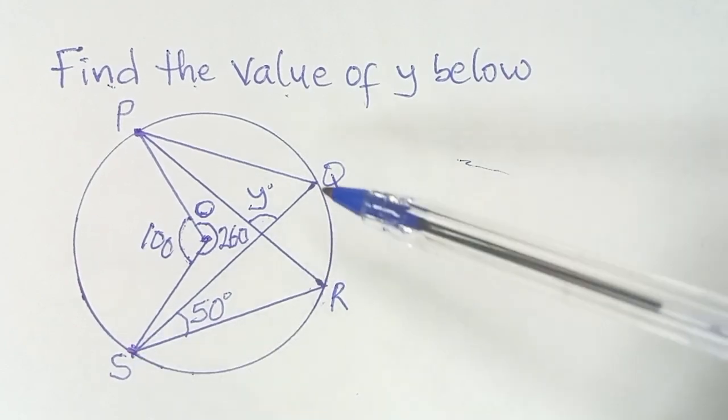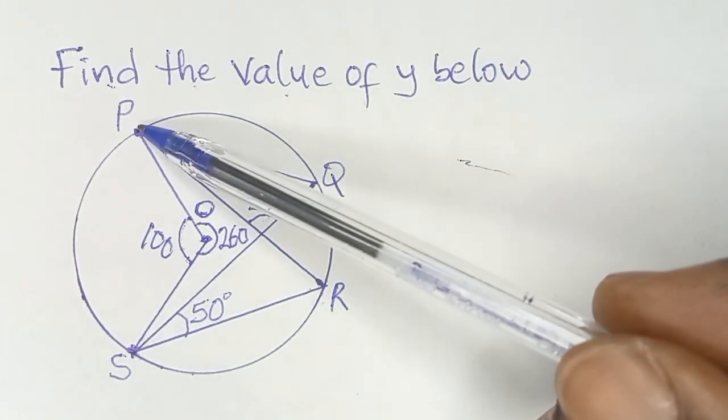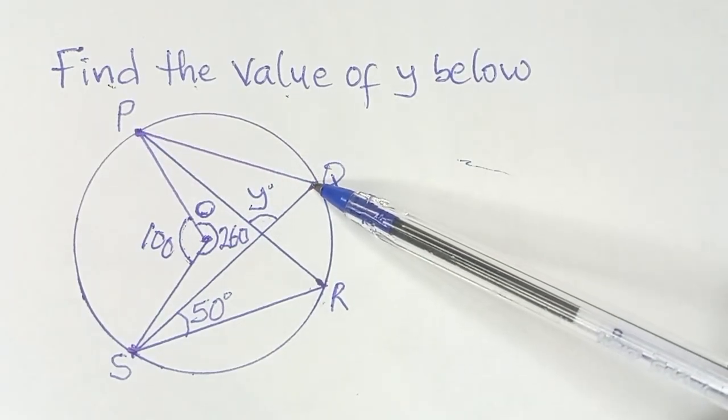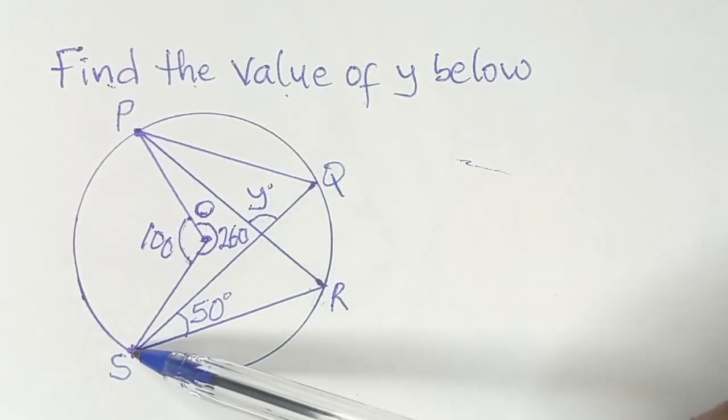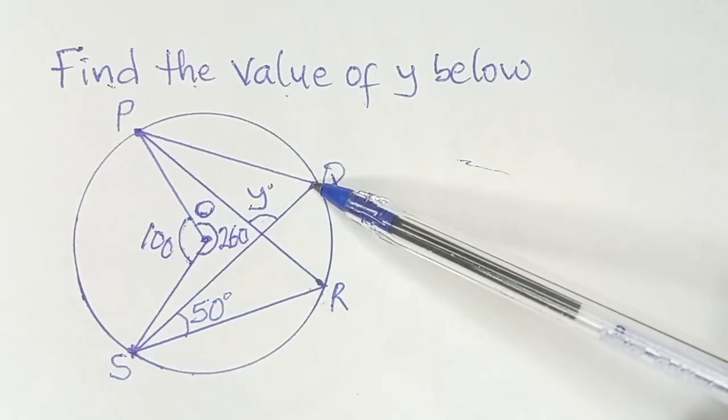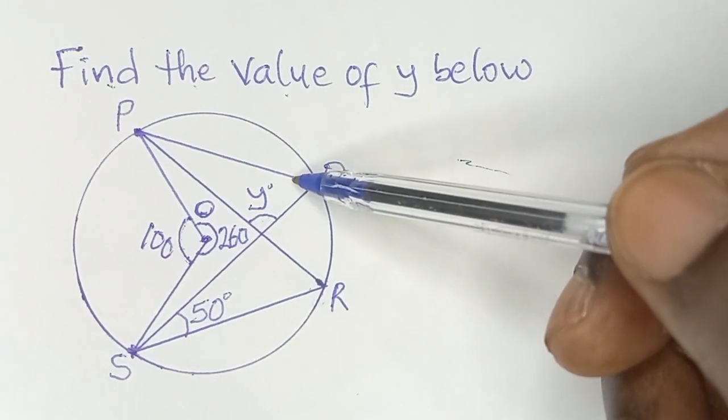Points P and S. Now, I have a line moving from point P to the circumference at Q. I also have a line moving from point S to the circumference at Q. And these two lines form this angle.